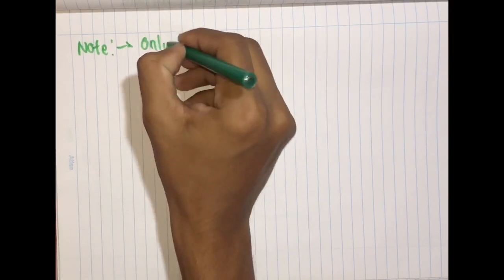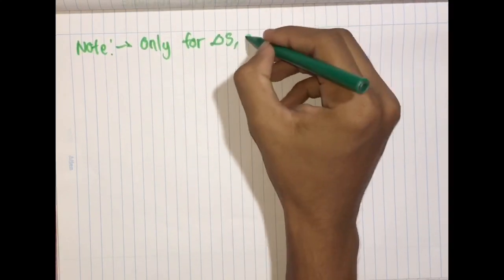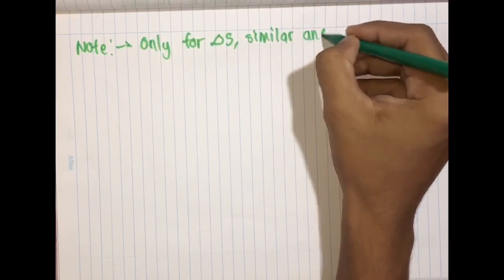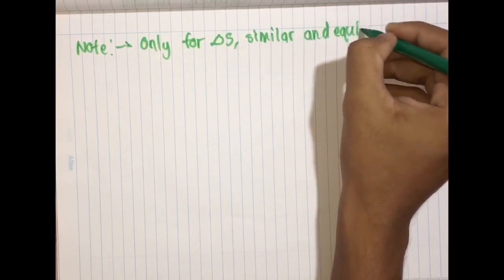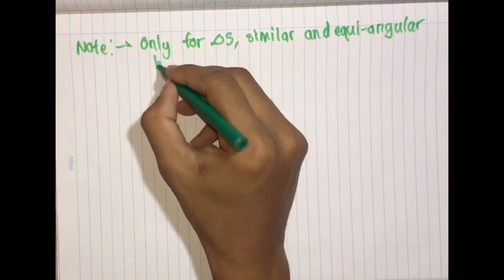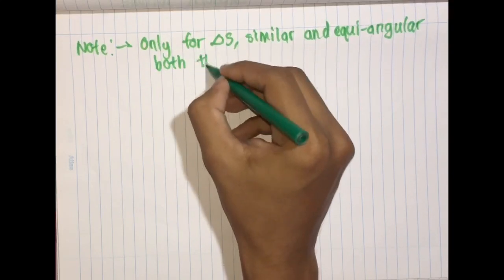That is only for triangles. The words similar and equiangular both mean the same. You would have understood by the earlier example, both the same.